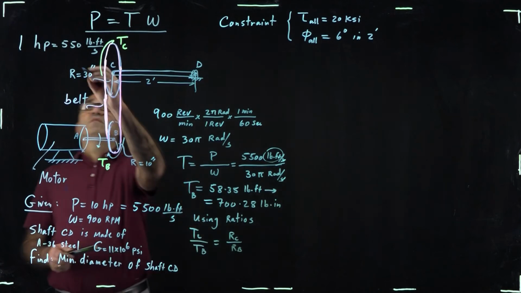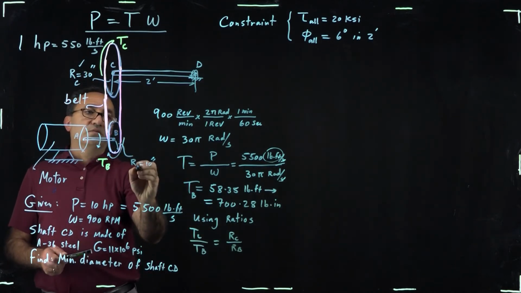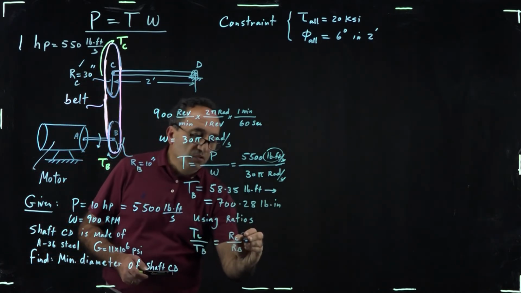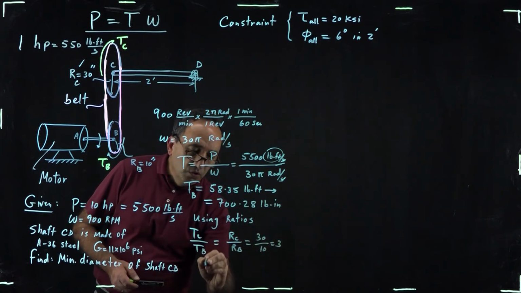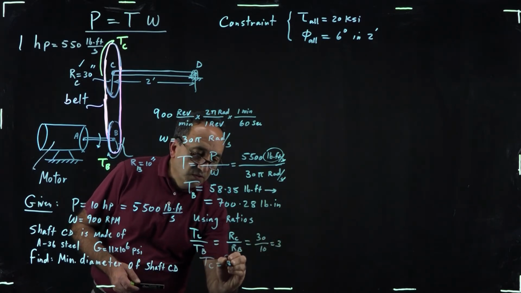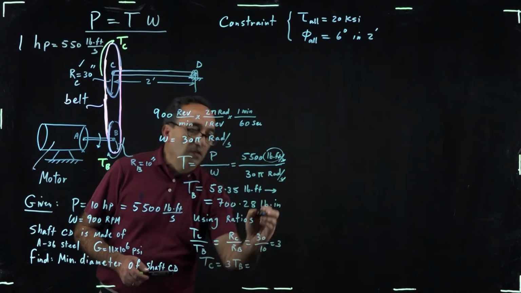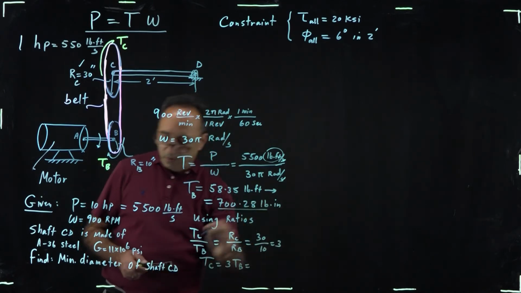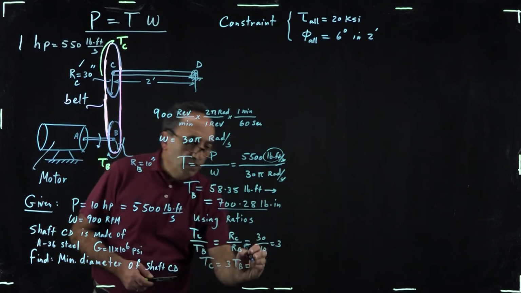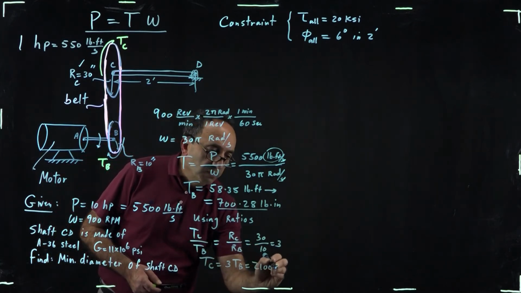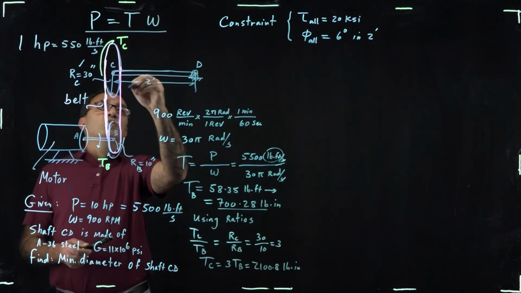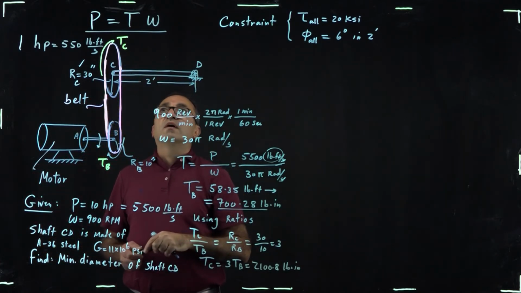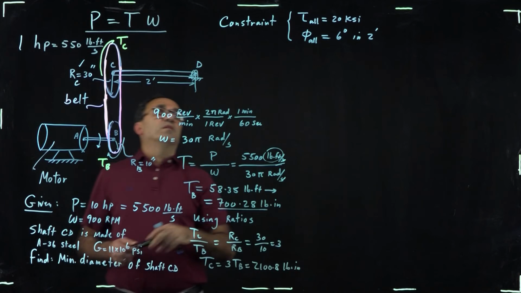Since RC is 3 times larger than RB, this ratio is 3. Therefore, torque C is 3 times torque B. So 3 times 700 comes out to be about 2100.8 pound-inch.